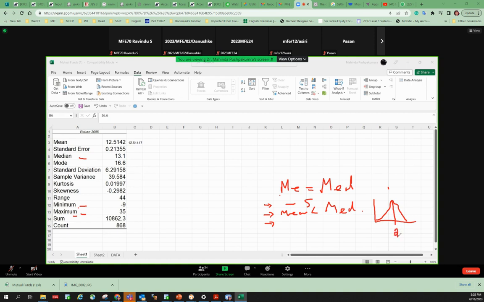Median means Q2. Now this is the minimum value. This is the maximum value. Then the one criteria is median minus minimum. Median is here, minimum is here. Then the maximum minus median.